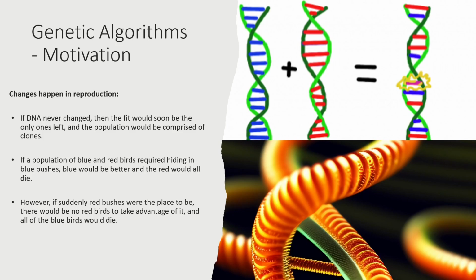And in order to avoid that, that's nature's way. Even if all the red birds die, you carry their genes in the blue birds. You need to carry the weak genes in the population as well. You can never know when the genes will be used. For example, if in the forest there were all blue bushes and suddenly red bushes took control of the forest, and all the birds with red genes died, none of them survived, then soon all the blue birds would perish as well.